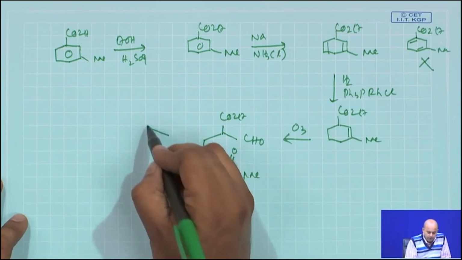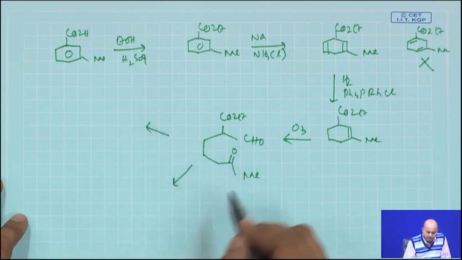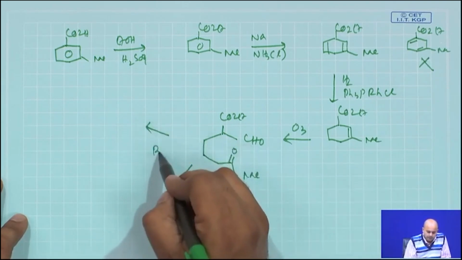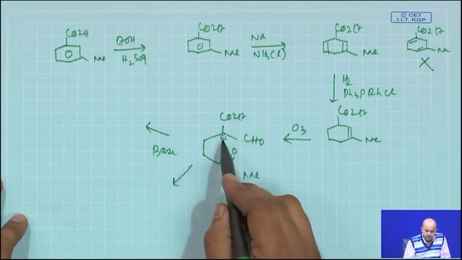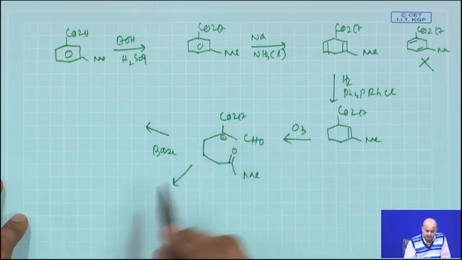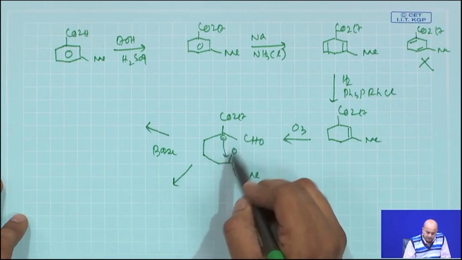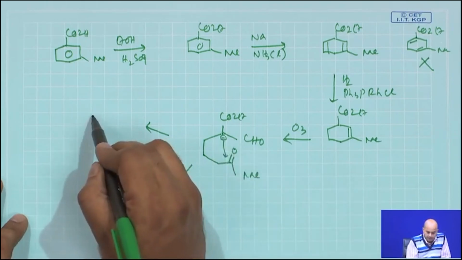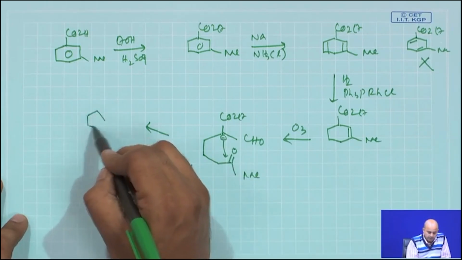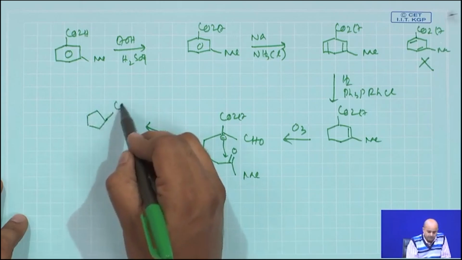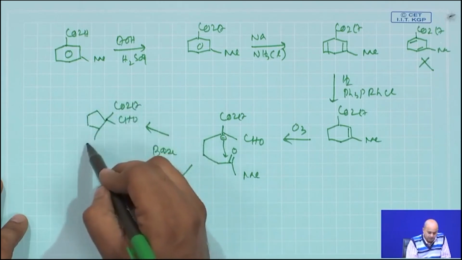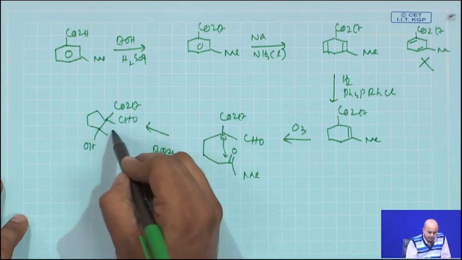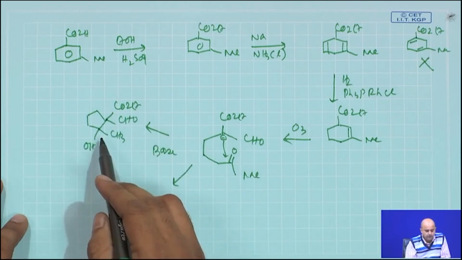Now, there will be possibilities if you treat this compound with base. This hydrogen seems to be mostly acidic, and if this hydrogen reacts, it will also get a compound where CO2Et and CHO react, and you can get this kind of aldol also.